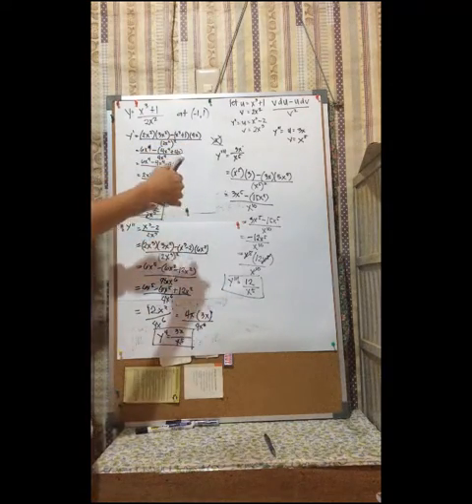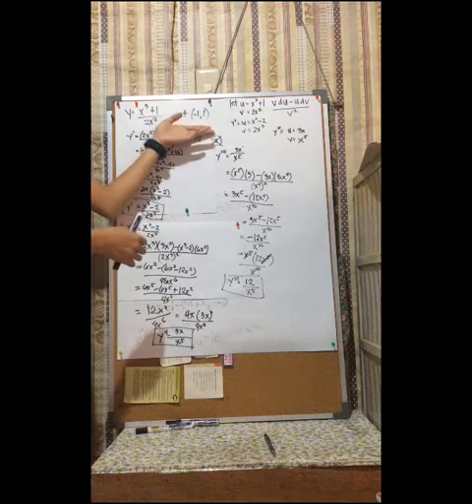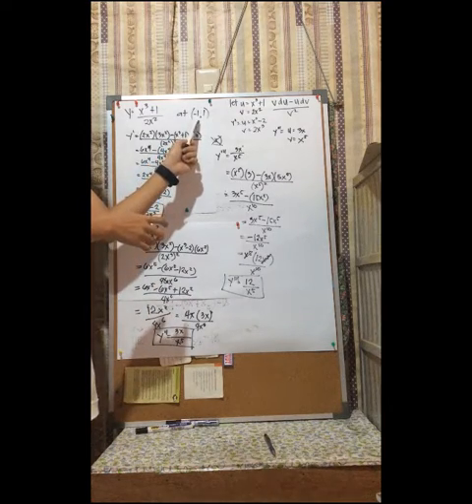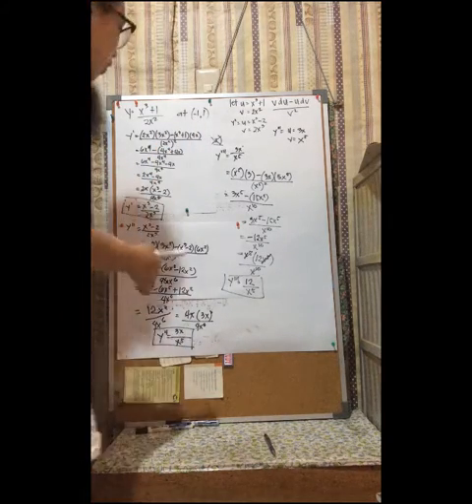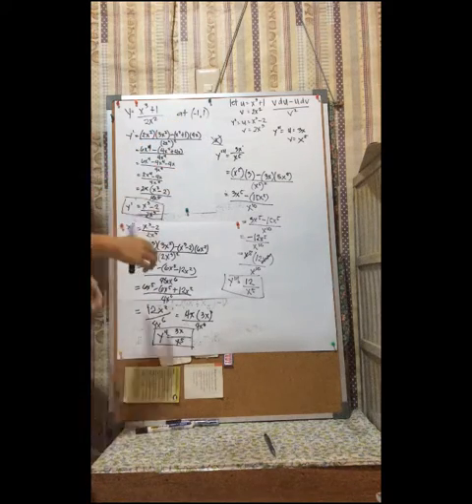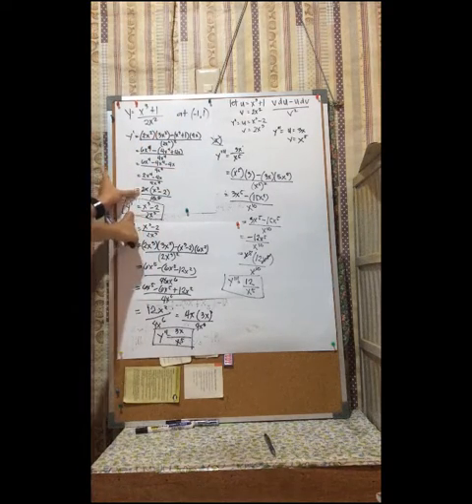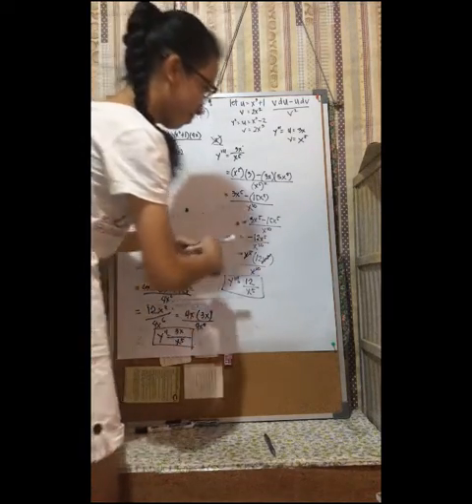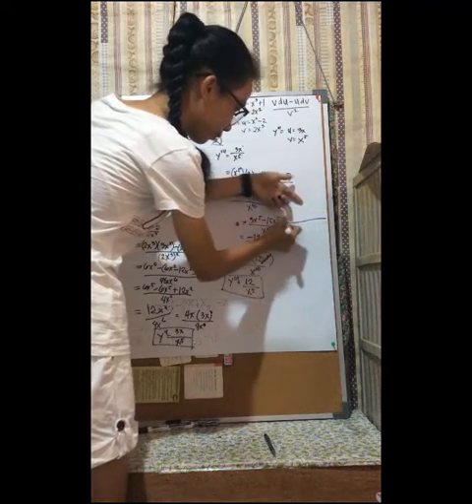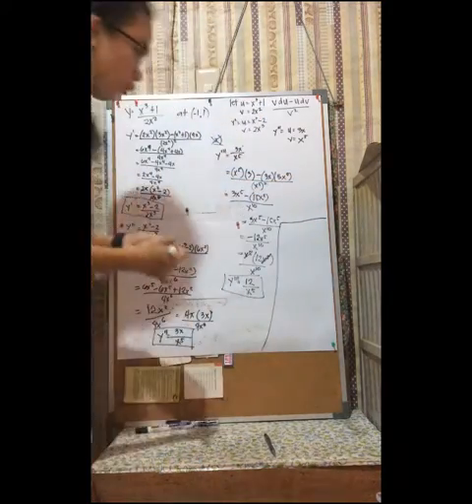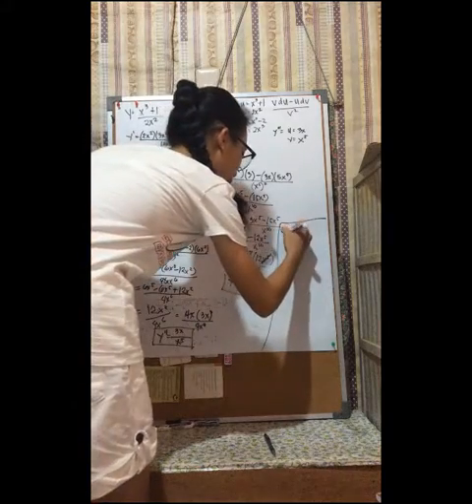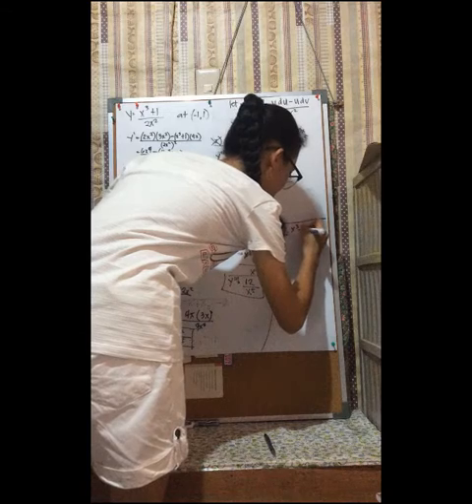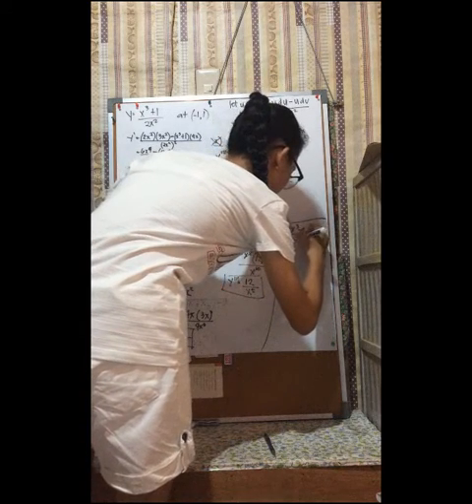Now we need to solve for the slope at the point negative 1, 1. For finding the slope, we simply use the first derivative equation: y equals x cubed minus 2 over 2x cubed.